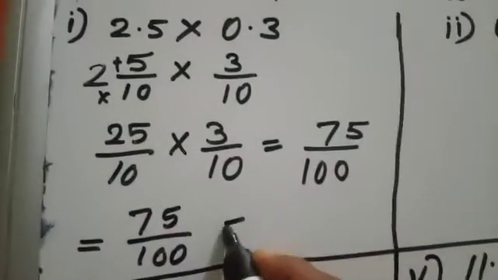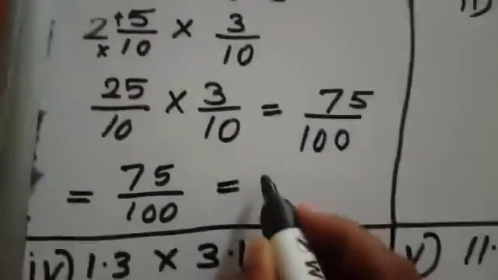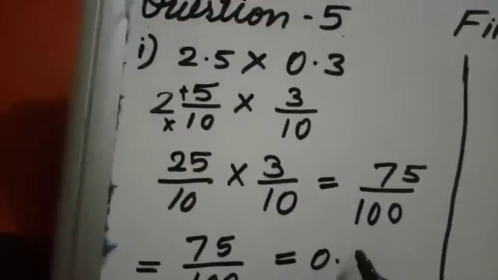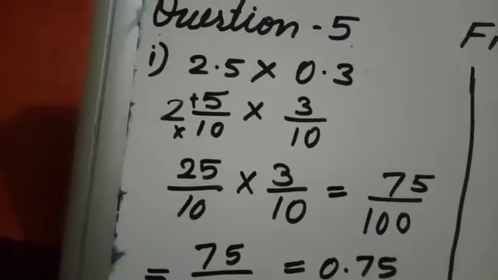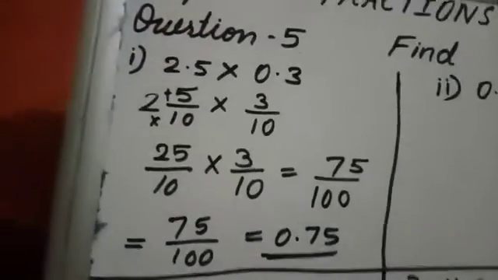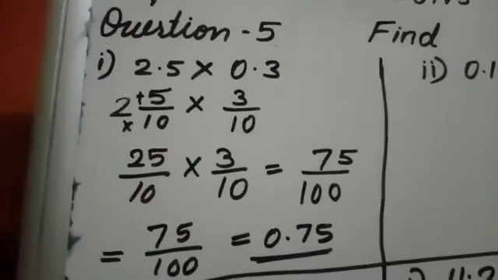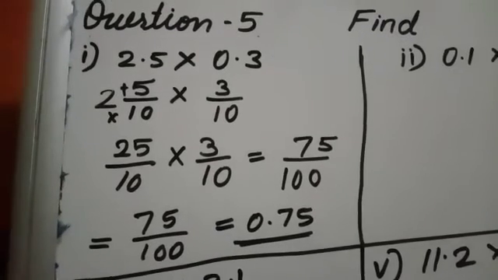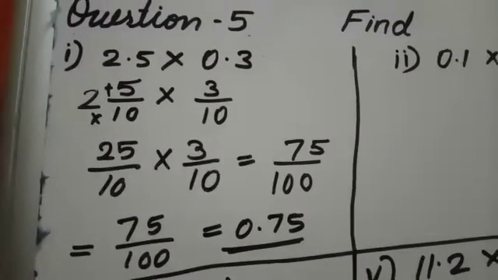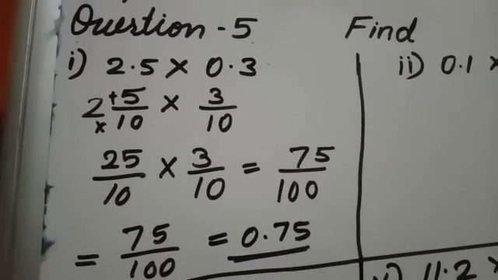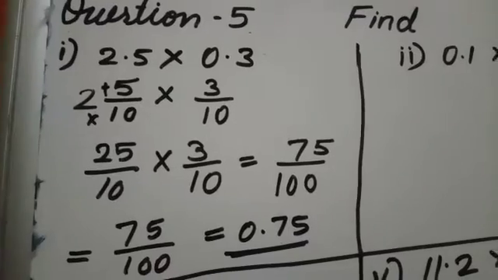So if we write, you will get 0.75 is the answer. If you multiply 2.5 into 0.3, you will get 0.75.